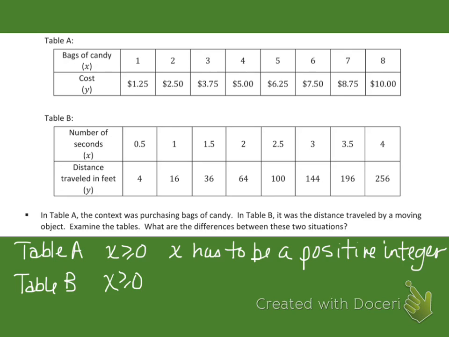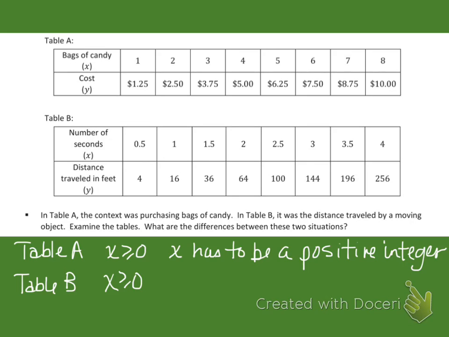We could have these half seconds going on, or even quarter seconds, or tenths of a second, or hundredths. So there's an infinite, even between 0 and 4 seconds, there's an infinite number of points of time that we're talking about. So we call table B continuous.